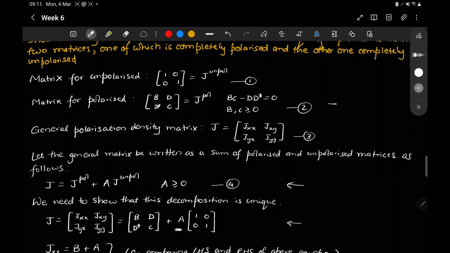And also from this equation we know that the determinant for the polarized matrix is 0.